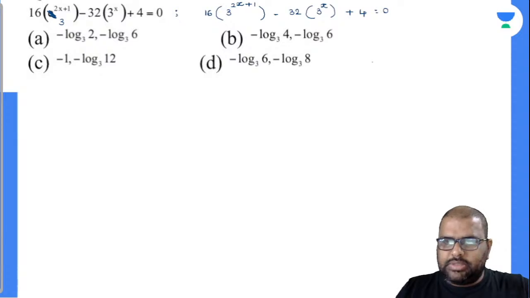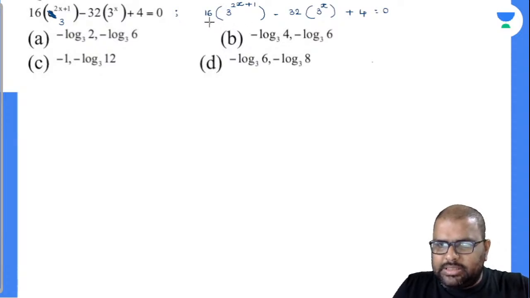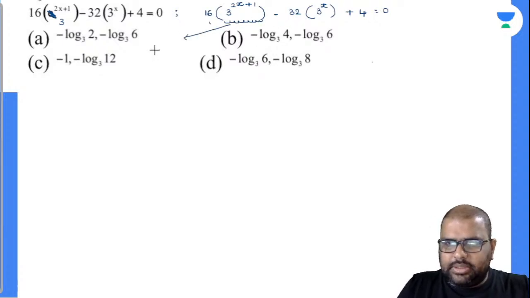So how to start? Now see here, this bracket is in the format of a to the power of m plus n. So can I write this as 3 to the power of 2x into 3? Yes, I can. So finally, can I write 16 3s, or I'll take 48 outside?